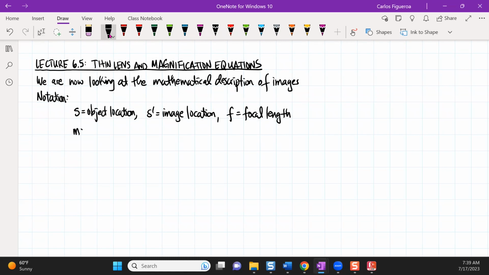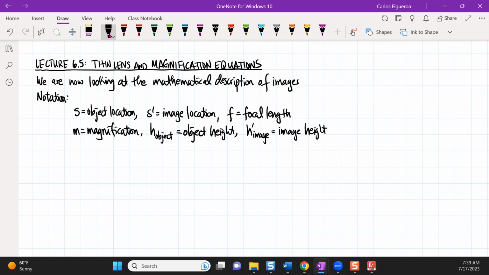There's M, which is the magnification. There's the height of the object, which is the object height. And finally, we're left with the image height. If I write H, sometimes it's the height of the object. If I write H prime, it's the height of the image. So that's our notation.